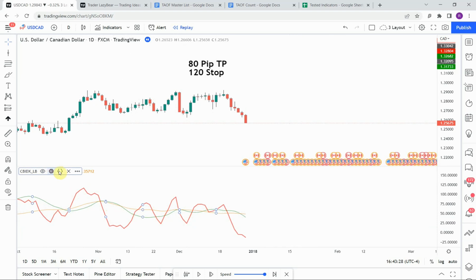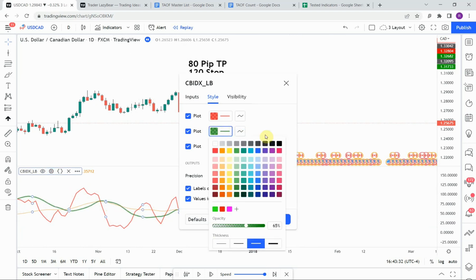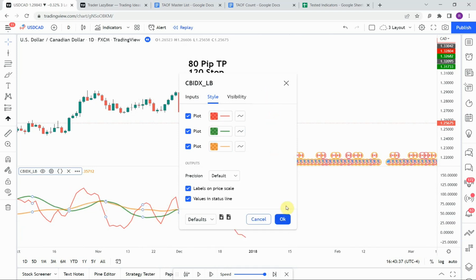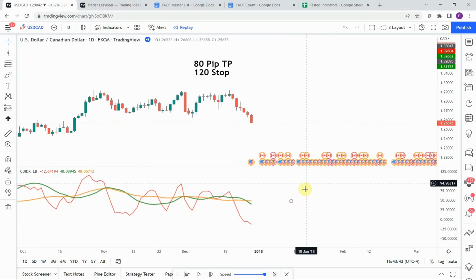Let's see if we can bump up the line weight of these just a little bit. There we go, just to make everything stand out a little more. So we have the green line, the orange line, the red line.